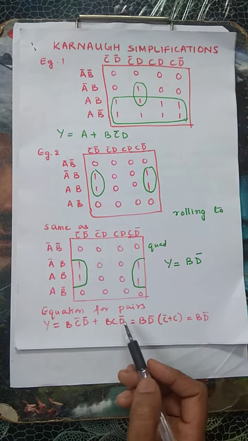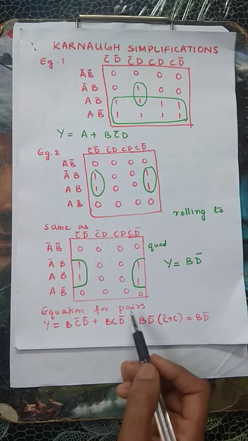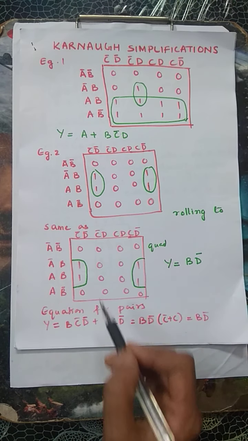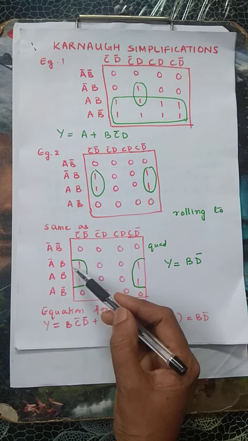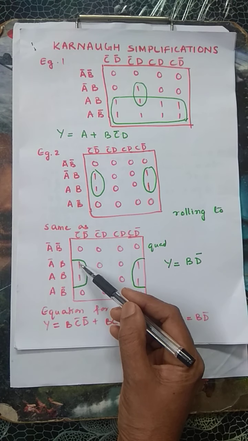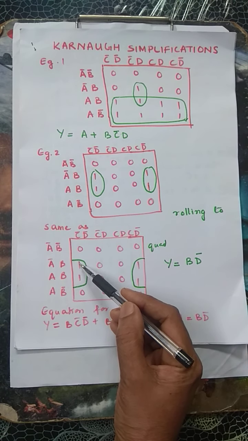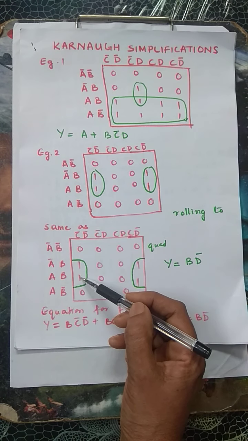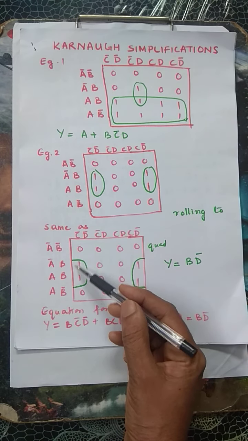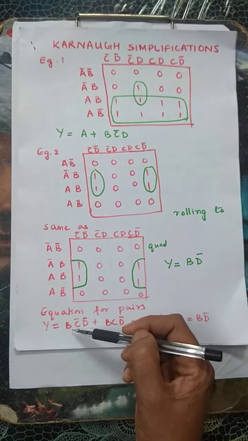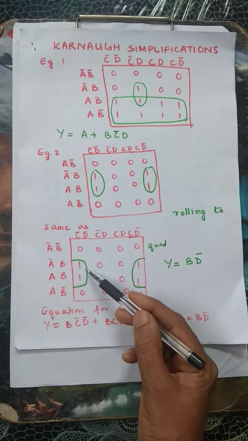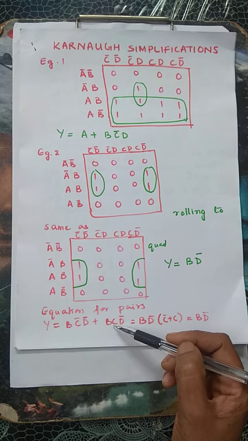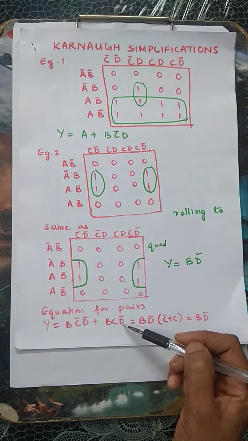So simply by looking at this, you can write down the Boolean expression. If you look at the unsimplified form, with Boolean simplification, if you take the product, this is A complement B C complement D plus A B C complement D. You can simplify with Boolean expression as B C complement D. Similarly, this one simplifies to B C D complement.